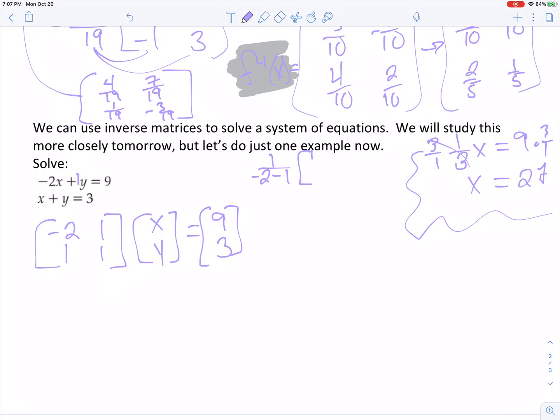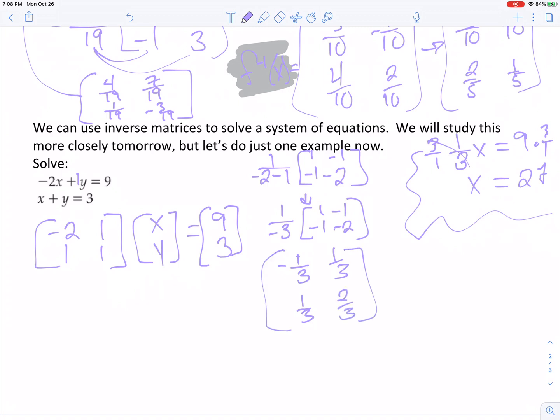Switch this diagonal, switch the signs on the other diagonal. Let's go ahead and simplify. And that's going to be 1 over -3. And then we will distribute. So that'll be -1/3, +1/3, +1/3, and +2/3. So that is the inverse.